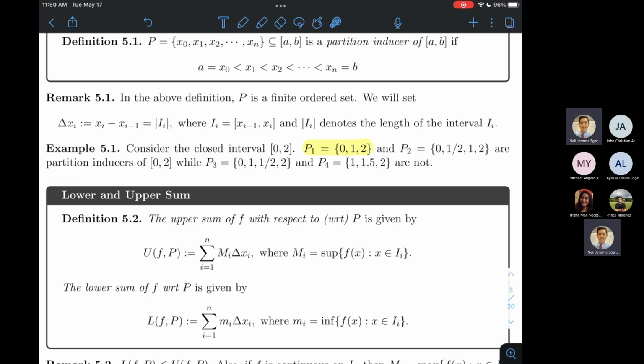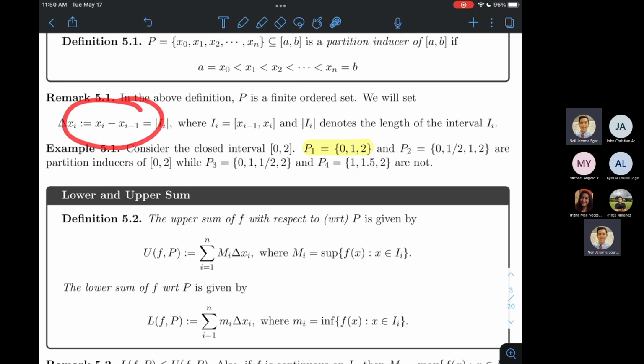Okay, let's see. John Christian said that x3 is greater than x2 in P3. Oh, the reverse. All right. Thank you, John Christian. Yes, John Christian is right, because the elements of P3 are not in increasing order. It could have been a partition inducer if the order of the second and third elements of P3 were reversed. Actually, it would then coincide with P2. The reason we want them in increasing order is so that the definition of the length of an interval makes sense.